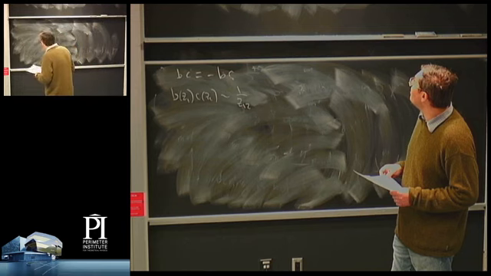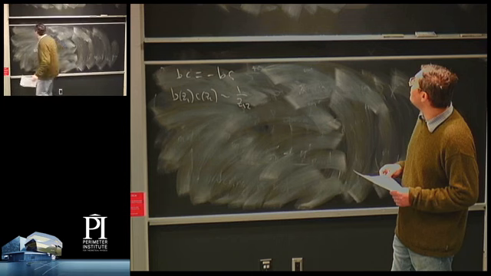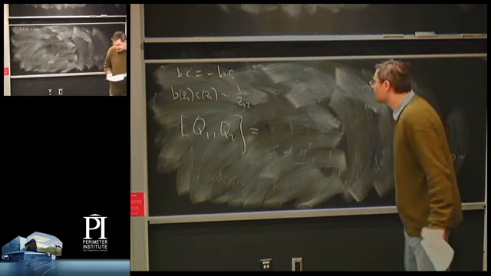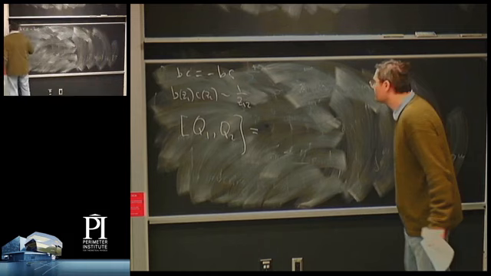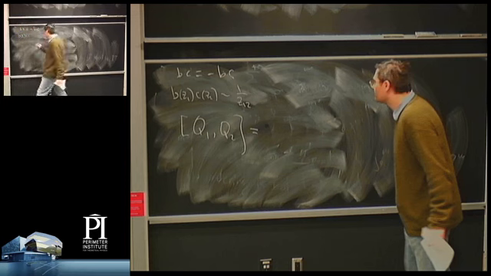Okay, good. So we can go ahead and remember, first of all, our fields B and C, they anti-commute. So BC equals minus CB, and we also know the OPE of B and C fields, B of z1, C of z2, is 1 over z12.